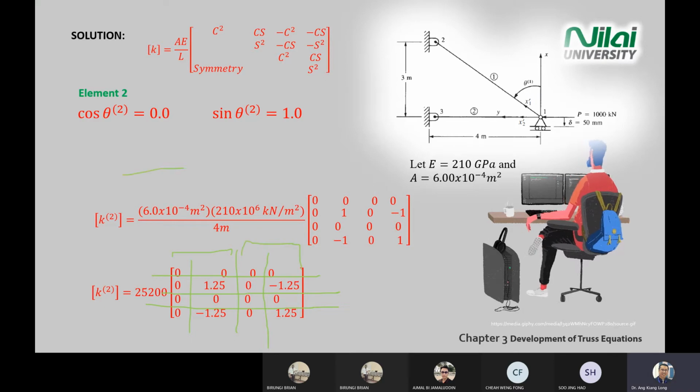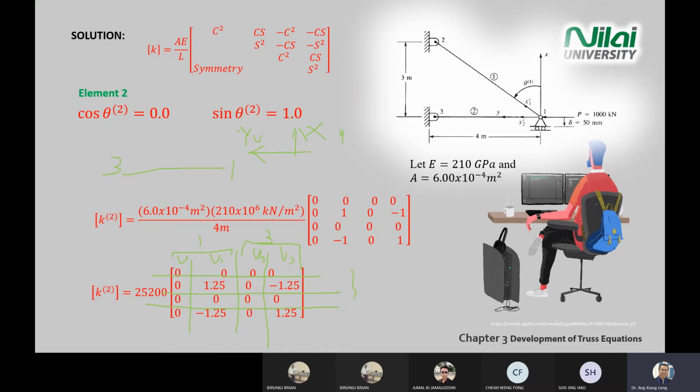So element 2, you look at element 2 connecting 1 and 3. So what you do, you just label 1 and 3 here. And you expand the notation, the labeling. So again, you're also looking at X and Y. So you're also looking at U and V. So you just fill in U1, V1, and this one, point 3, U3, V3.